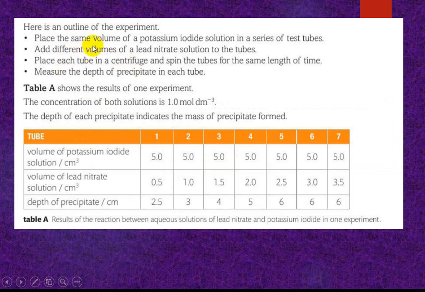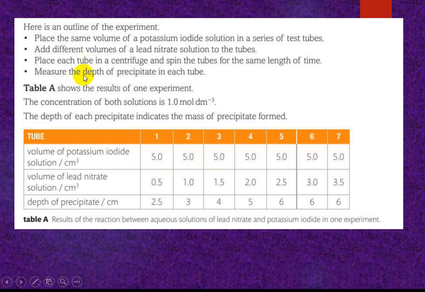For the reaction, you place a volume of potassium iodide solution in a series of test tubes. You take 7 test tubes with the same volume, 5 cubic centimeters of potassium iodide in each.